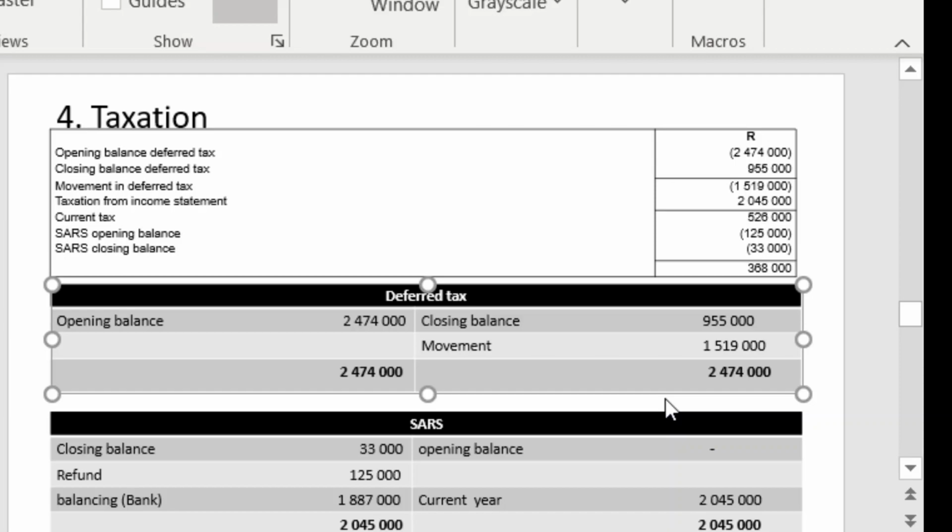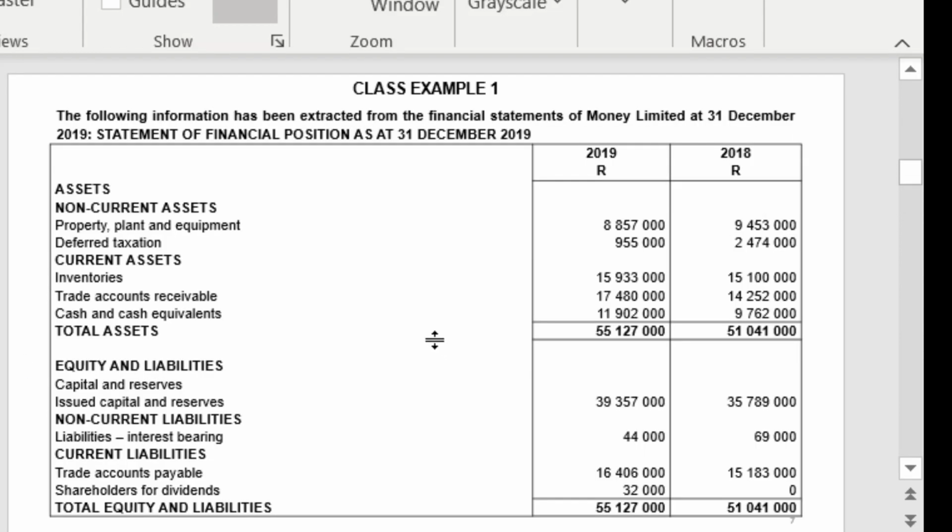First things first, if we go to the statement of financial position that is provided to us in this question, if we look at the line under non-current assets, we'll see that we have a deferred taxation. So that means it's a deferred tax asset.